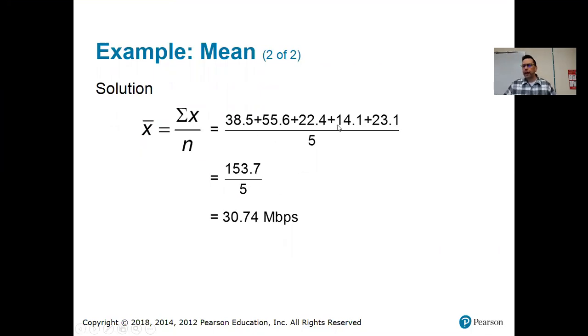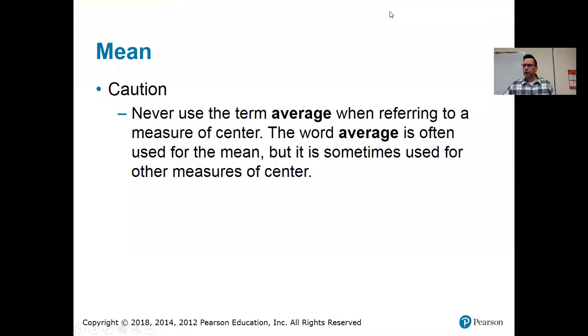Okay, so you add them all together. You might want to get out your calculator and make sure you agree those add up to 153.7. Divide by 5, you get 30.74 megabits per second is the mean of those 5 values.